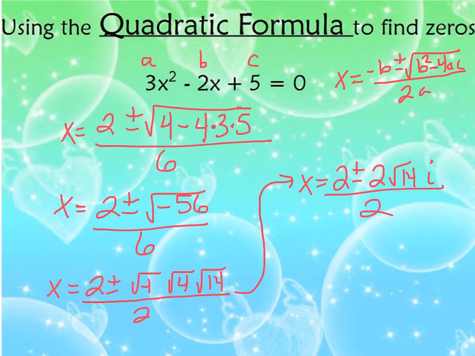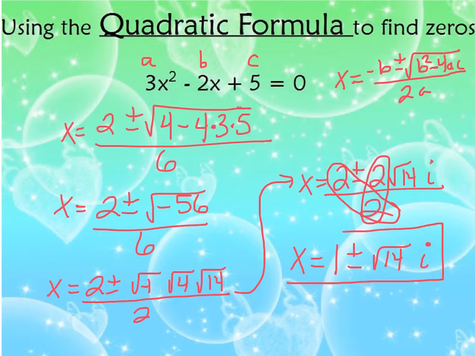Then remember that you can reduce like this, but this 2 has to be able to reduce into both of these, not into the radical part, but the number in front of it. If it will, and this one reduces beautifully, then go ahead and reduce. So that's just going to be a 1 plus or minus. I could write the 1, but we usually don't. So I'll just write 1 plus or minus root 14 i. And so that's my zero.